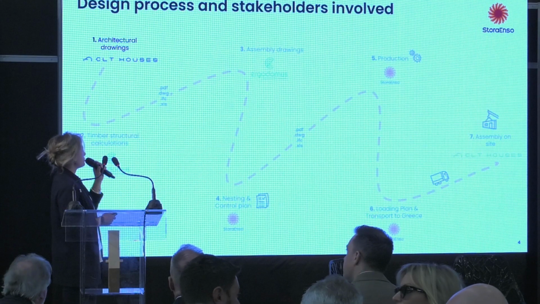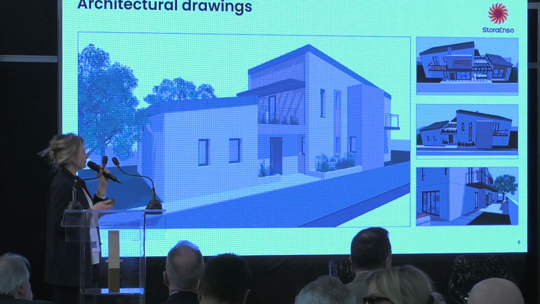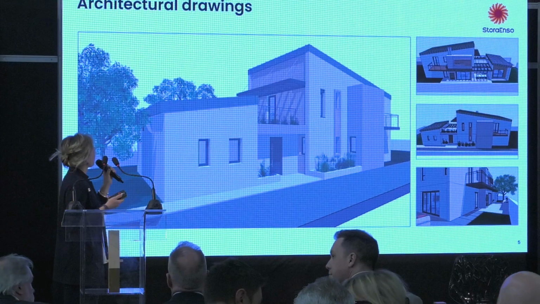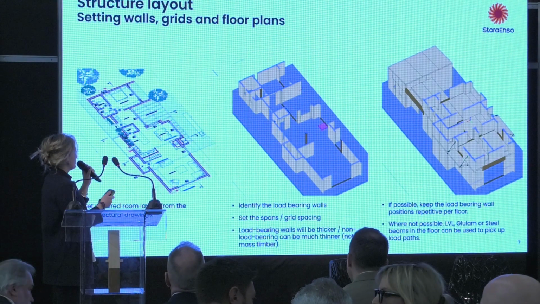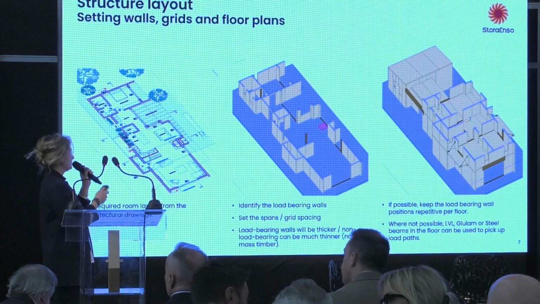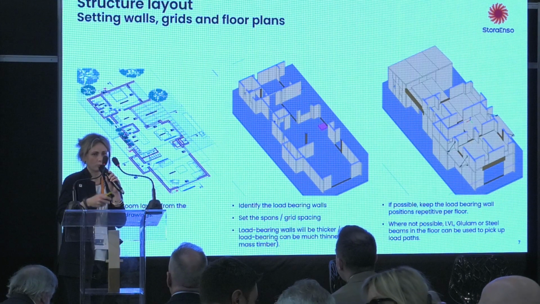So, as you know, if you are technicians, everything starts from a wish, everything starts from a desire. Architectural drawings. Starting from this, the structural engineer will find the right place for the structural load-bearing walls.